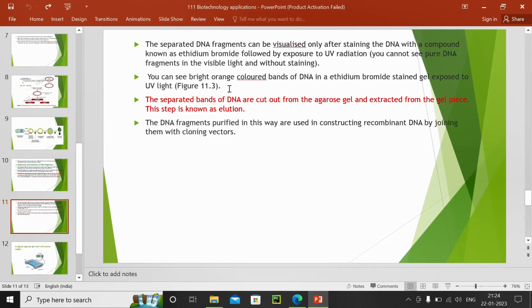When we expose these DNA molecules stained with ethidium bromide to ultraviolet light, they form a red color, and this is captured with the help of a camera, and we can see a clear picture of the gel.